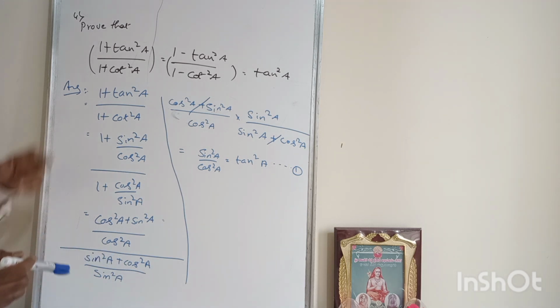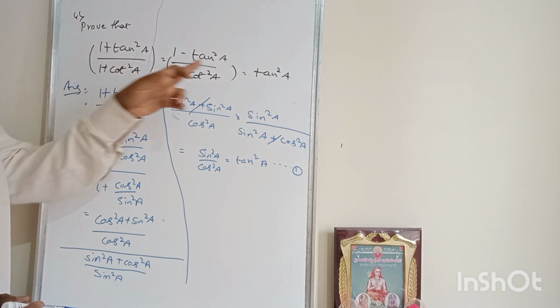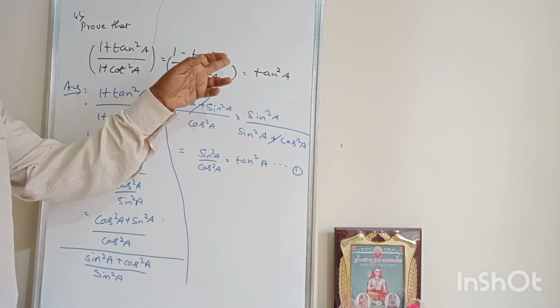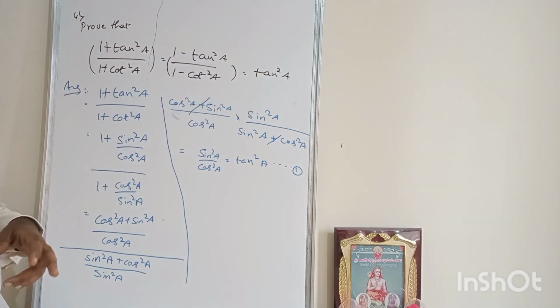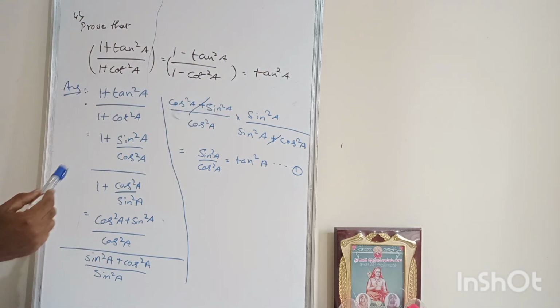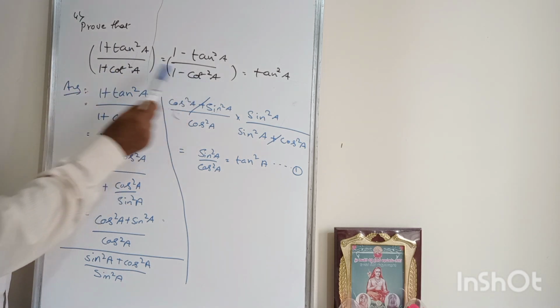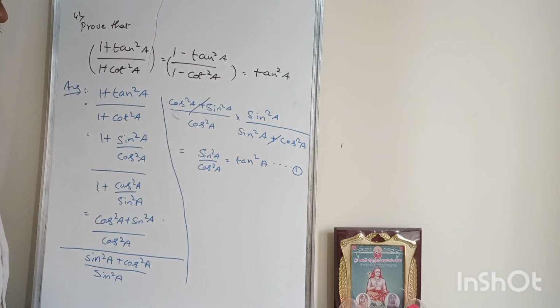First problem is (1 plus tan square A) by (1 plus cot square A) is equal to tan square A. And second problem is (1 minus tan square A) by (1 minus cot square A) is equal to tan square A. We have to show that for these two problems there is only one answer, that is tan square A.